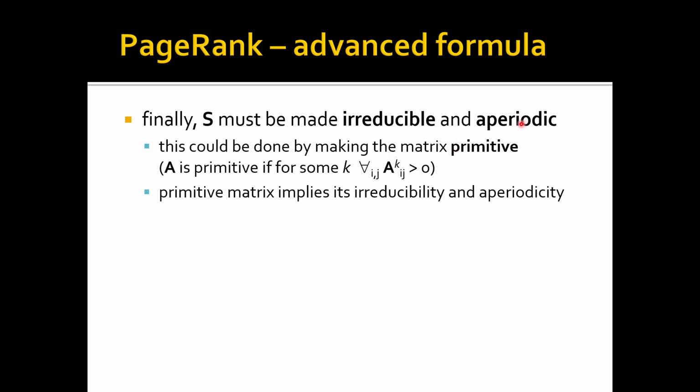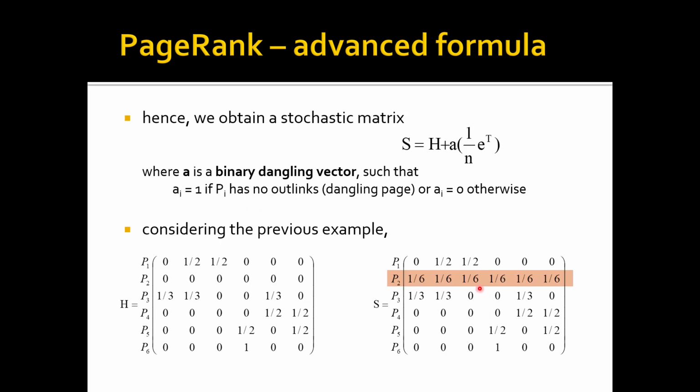And the definition of a primitive matrix is quite simple, because it just says that for some number k, the power to k of the matrix must have every element positive. Basically, this says we need a matrix that has no zeros inside and everything there is positive. So what we need to do is to turn the matrix S into some other matrix where there are no zeros inside. That's what we need to do.